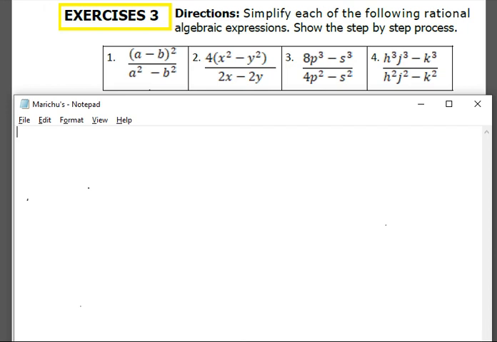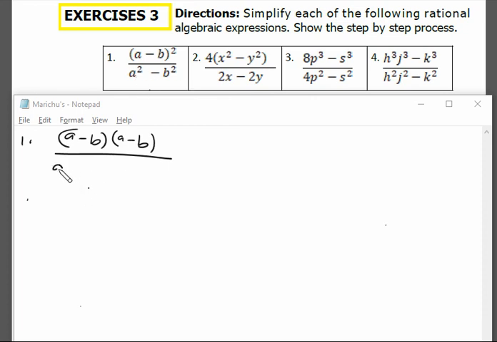In the expression, let's start number 1. We have here, let me rewrite number 1 in such a way that I can expand a minus b squared into a minus b times quantity a minus b. And I can expand this using the special product on the difference of 2 perfect squares.